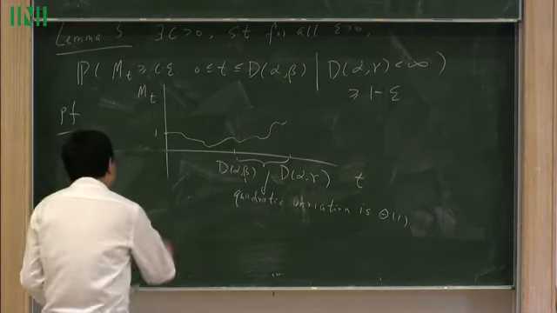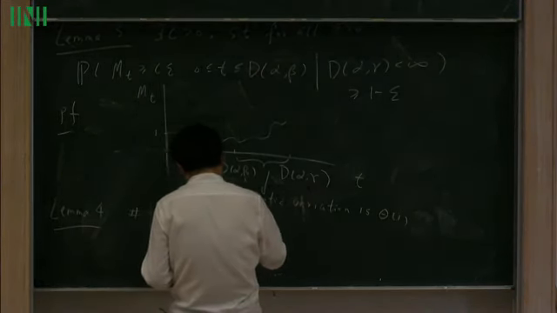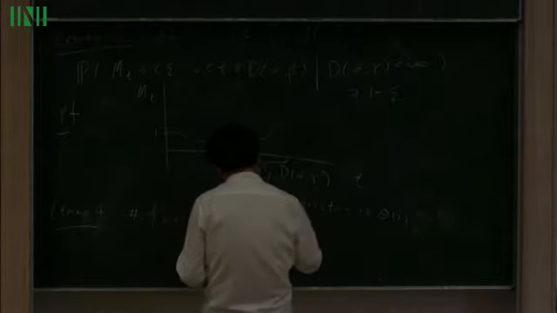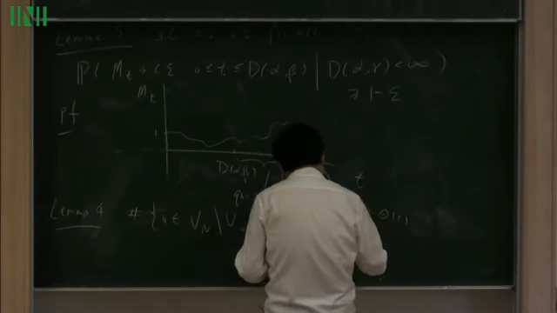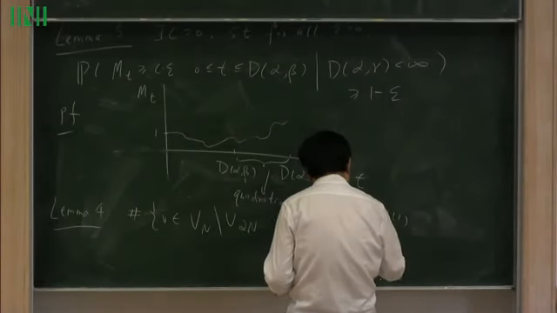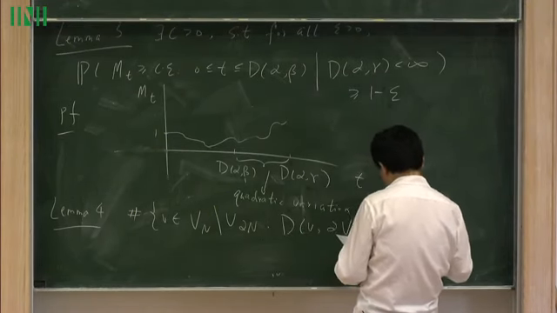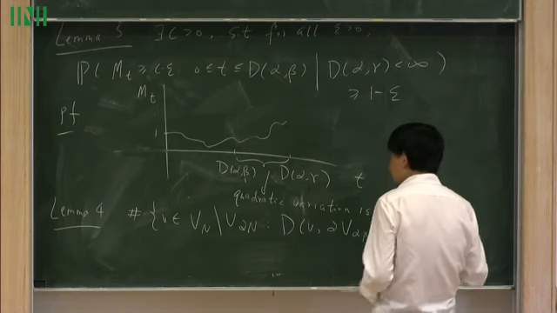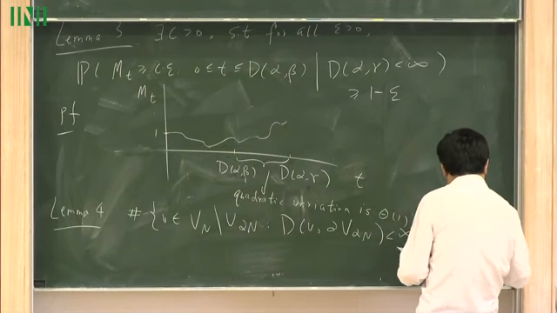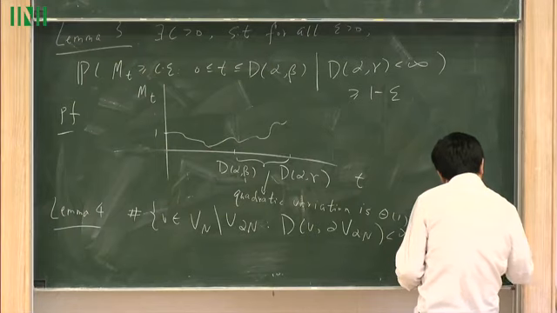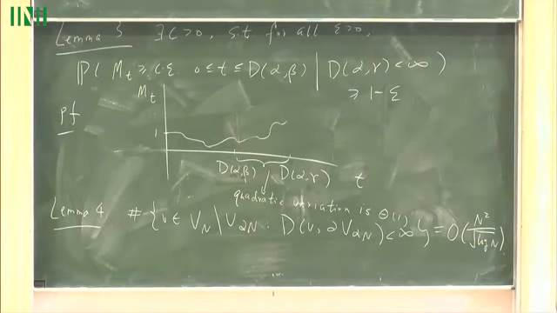The number of points that is connected to the alpha boundary is of order n squared over square root log n. The probability for a point to be connected to a boundary is 1 over root log n.